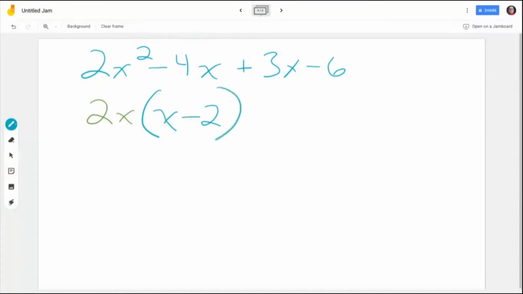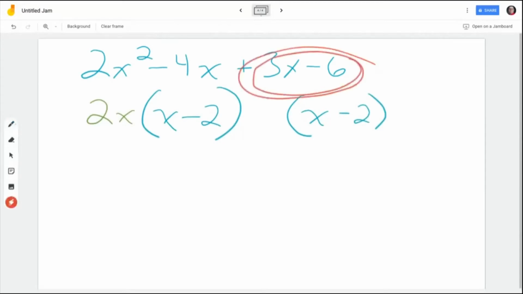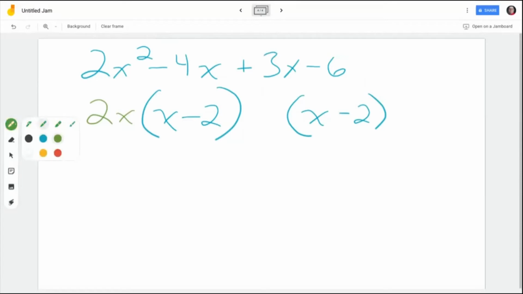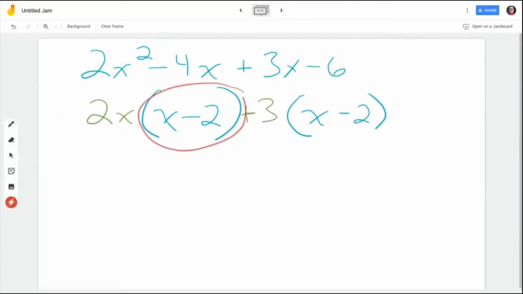Now we're going to look at the second pair. Remember, I want to end up with the same thing here, so I want to end up with an x minus 2. What can I factor out of 3x minus 6 such that I end up with an x minus 2? Well, it looks like it would be positive 3. That sign needs to come along with it. So now looking at this, I've got x minus 2 here and x minus 2 here.